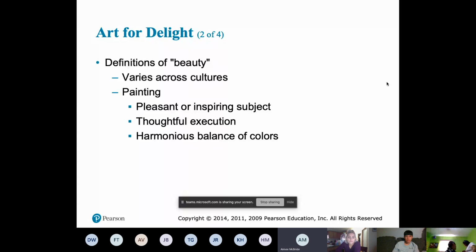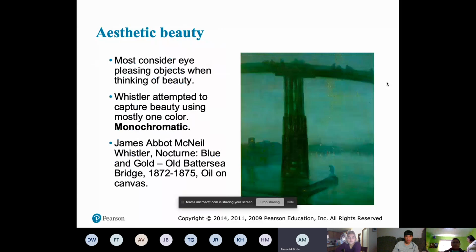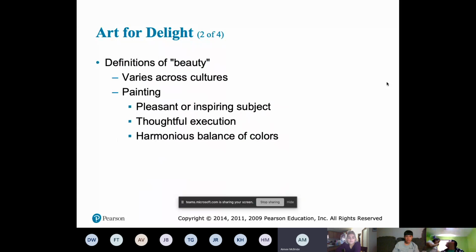But I enjoy the colors blue and green and the cooler tones. That's my personal preference. People enjoy different color schemes. So if I see a painting like this one that's all in blue and green, I actually do really like it because those are some of my favorite colors. But if this was all red and orange, I probably wouldn't like it. So yeah.